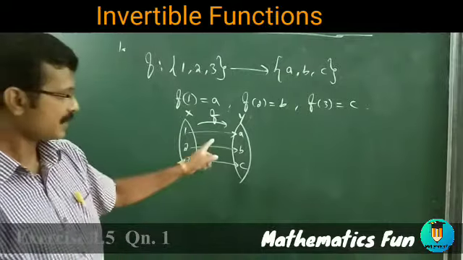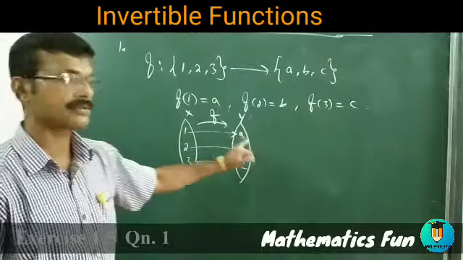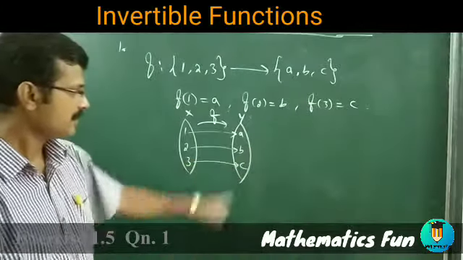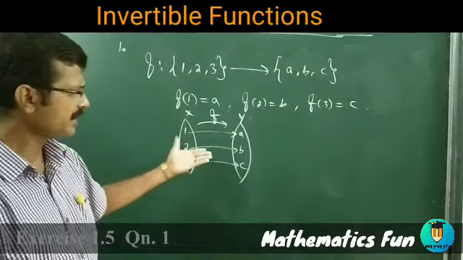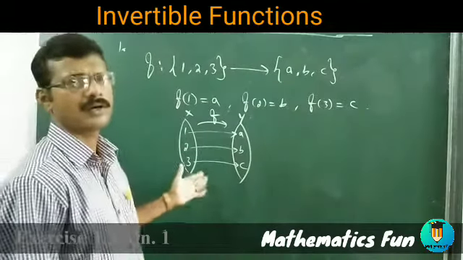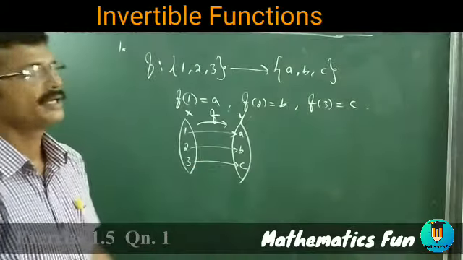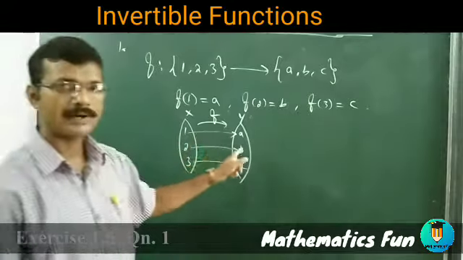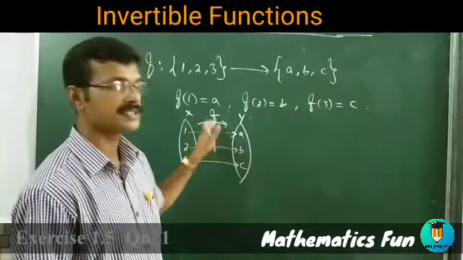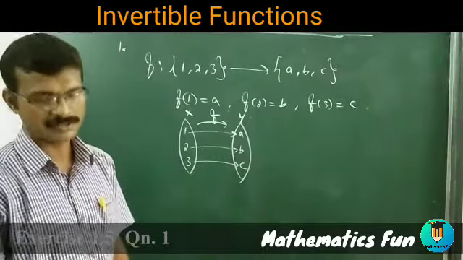Now if you observe this arrow diagram, it is clear it is one-one, since every element is connected with only one element. And no element is left over, so it is onto. Clearly from the arrow diagram, the function f is one-one and onto, hence it is invertible. That is the first part.